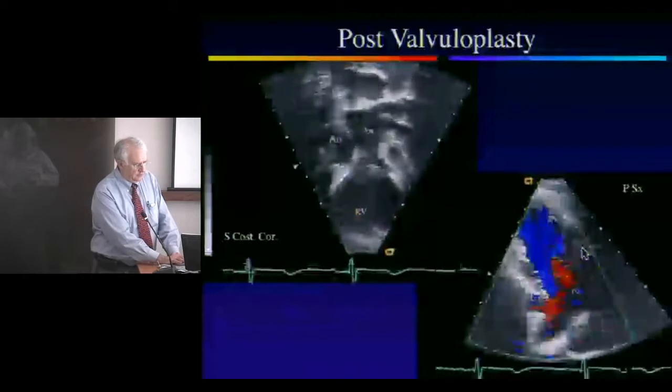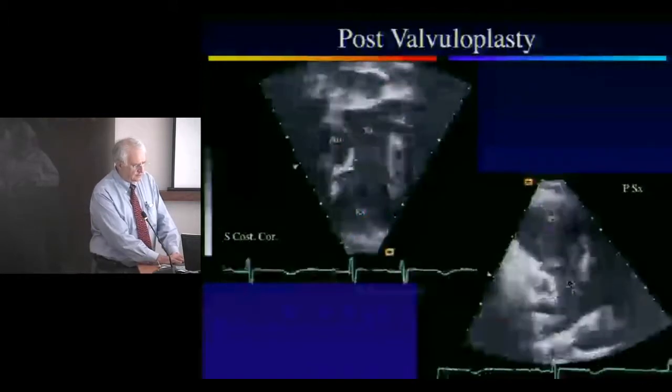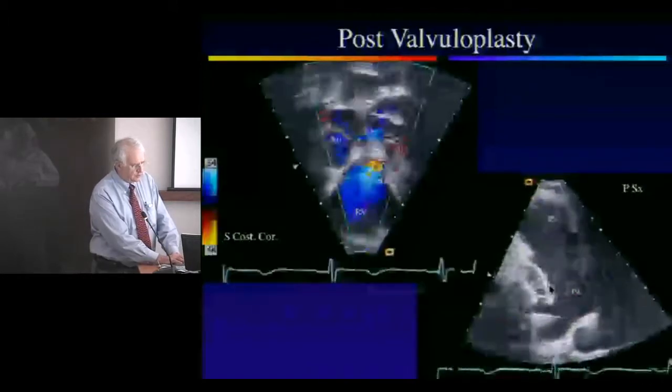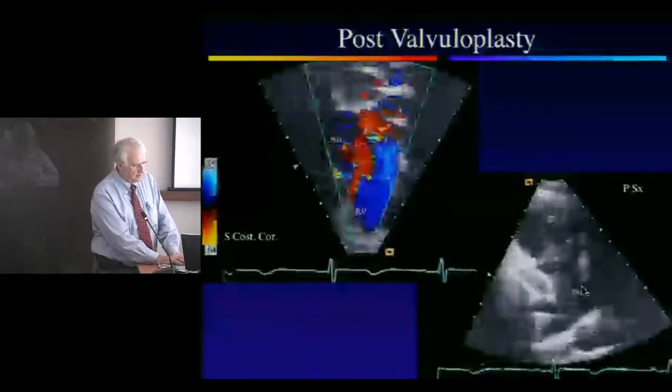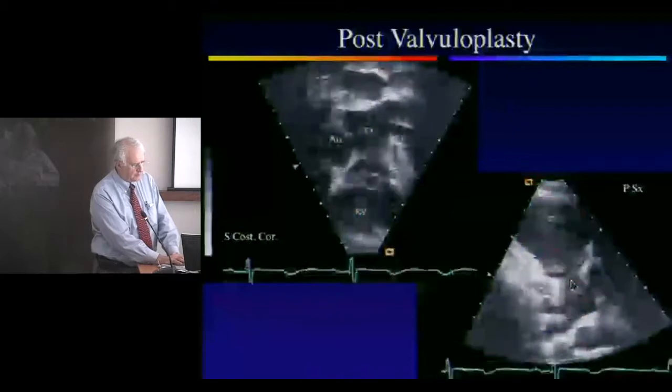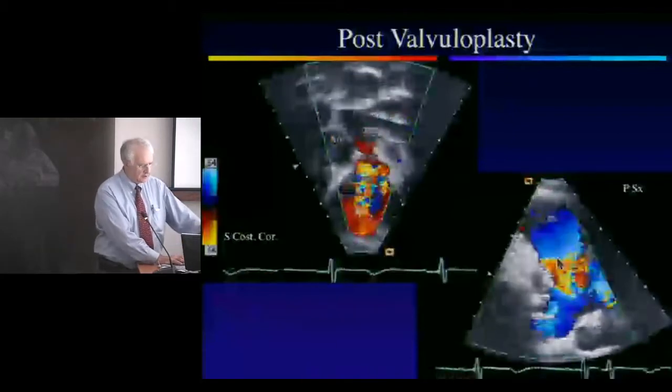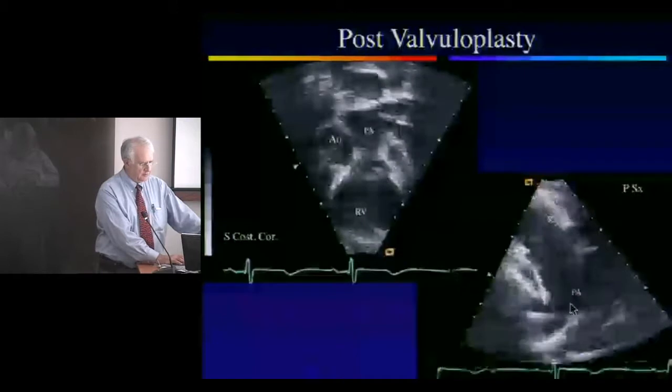Additionally, and I'll show this in later detail, you can see here some fusion of the cusp to the sinotubular ridge area and a mild narrowing of the supravalvular part of the pulmonary artery here, and a little bit of pulmonary regurgitation.